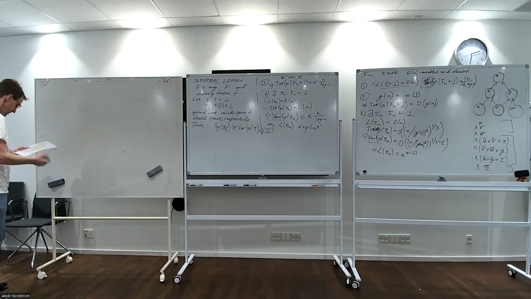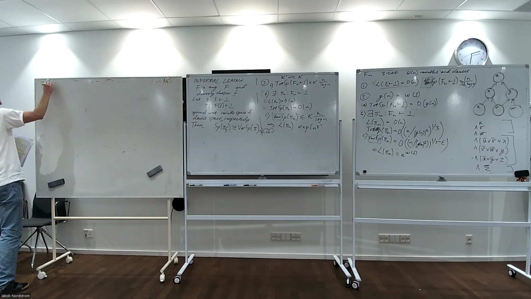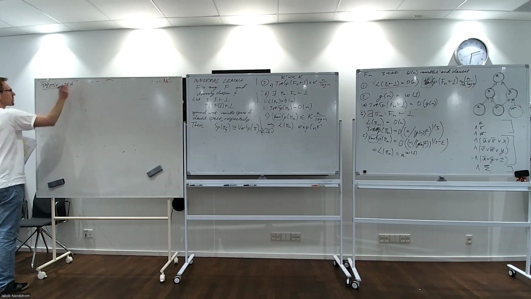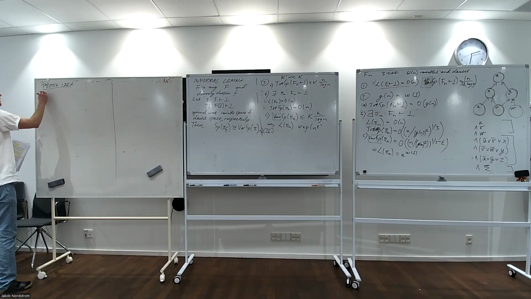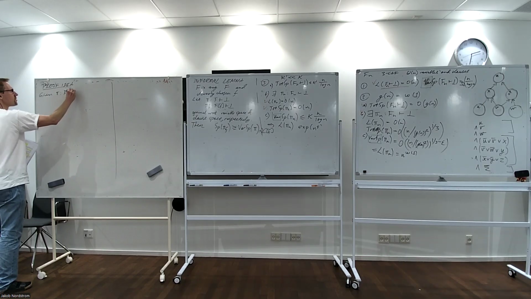So the proof idea will be something like the following. This is not quite going to work, but it's close to something that will work. So we're given a refutation of the substituted formula.